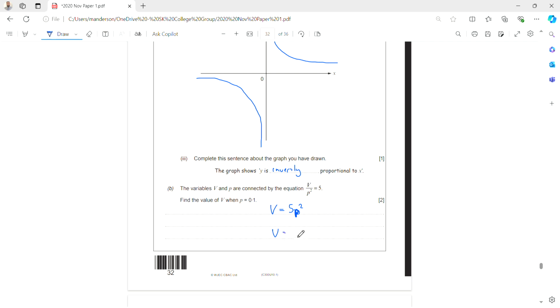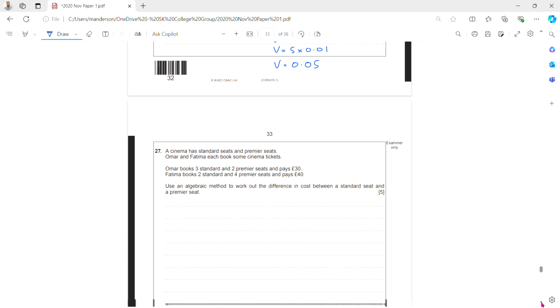So v equals 5 times whatever p is squared, and p is 0.1 squared. 0.1 squared is 0.1 times 0.1, which is 0.01. And 5 times 0.01 is 0.05. So v would equal 0.05.